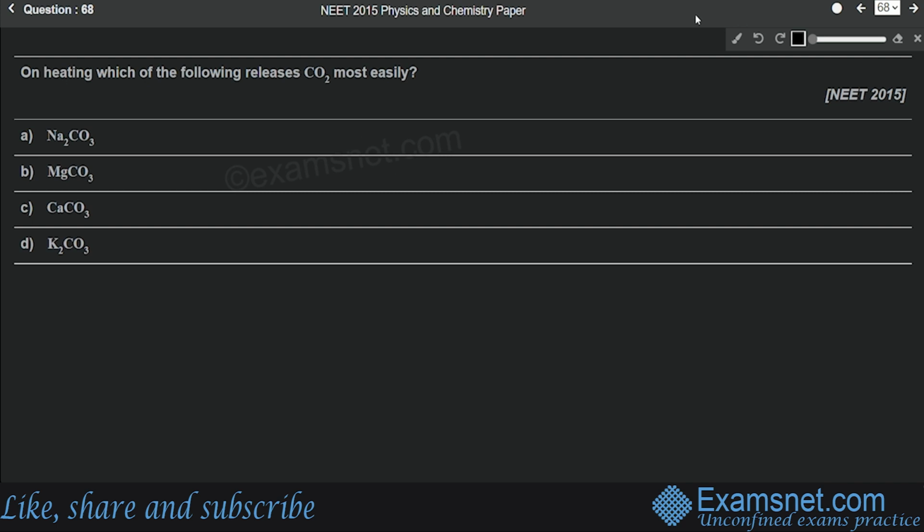Question number 68 is from S block elements, and the question is, on heating, which of the following releases carbon dioxide most easily? Okay, so here in the options you can see we have metal carbonates. Now we know that carbonates, let's write it down here, become thermally stable down the group.